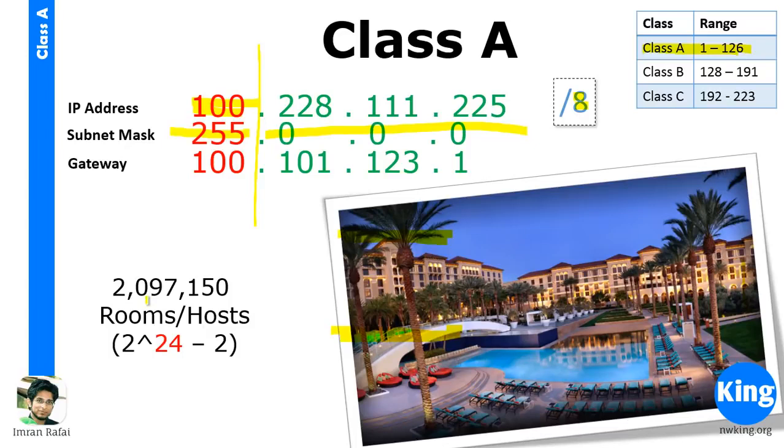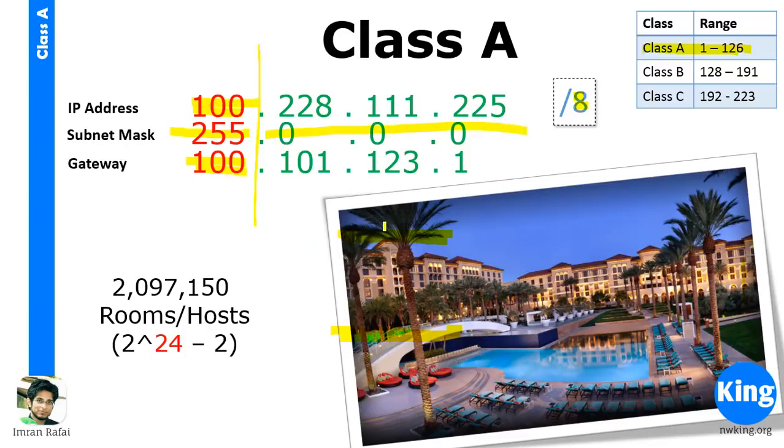Similarly, controlling a network with 2,097,150 devices or hosts is very inefficient, and that is exactly why we will use subnetting, like you will see in the next video. So again, the gateway will be anything with 100, and only if it is part of the same network can it communicate to the gateway.